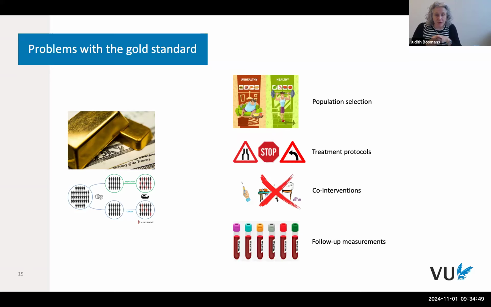And finally, follow-up measurements. In trials, we generally follow up patients much more intensively than you would do in actual clinical practice, because we really want to keep a close tab on what's happening to the patient. And of course you do that, right? Because you spent a lot of money on the randomized controlled trial.